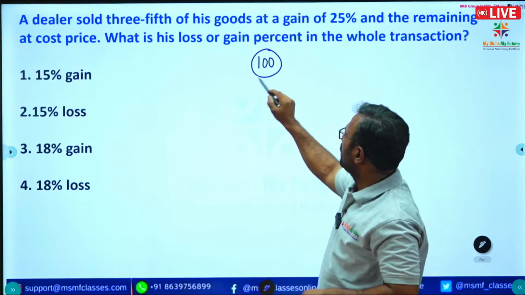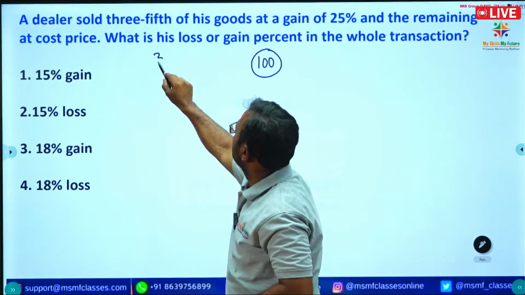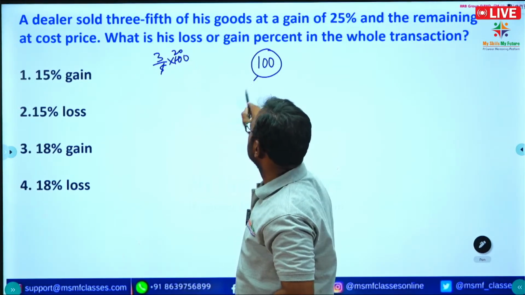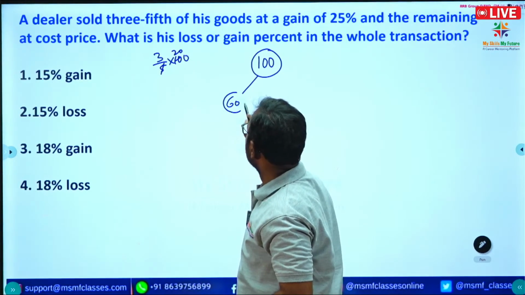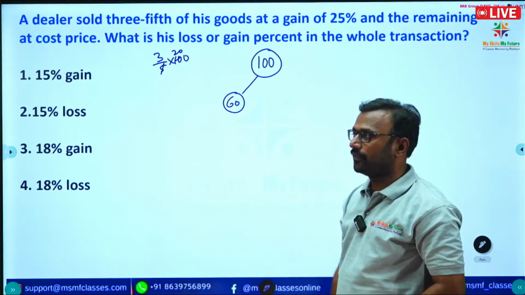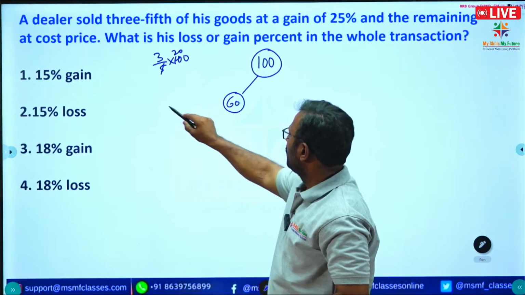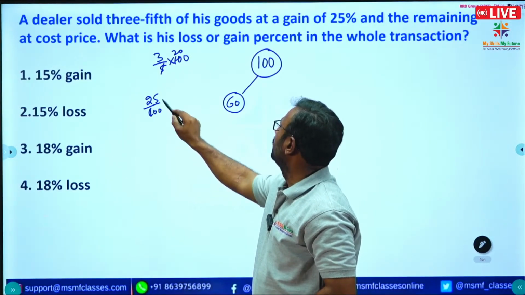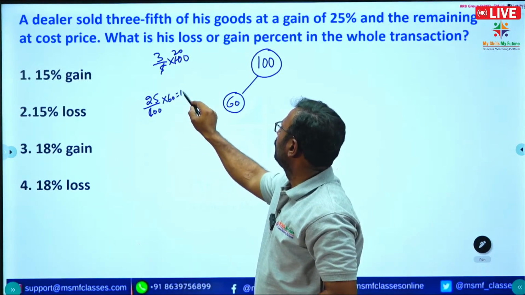So he sold 3/5 of 100, that is 60 goods, at 25% profit. 25% of 60 is equal to 15.